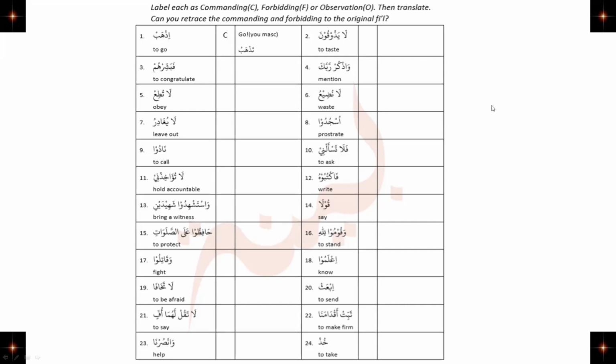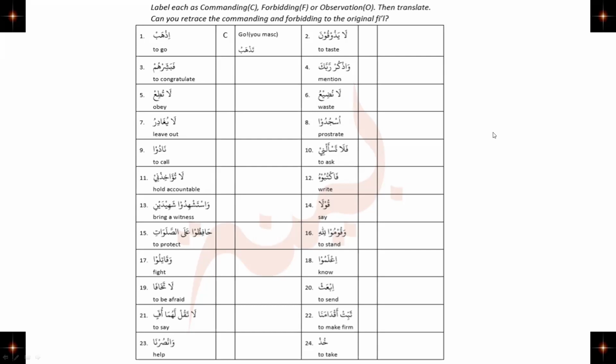Very good. So what I was trying to say, let me rephrase it: all the commands and the forbiddings are done on the ta pronouns. So anta, antuma, antum, anti, antuma, antunna.